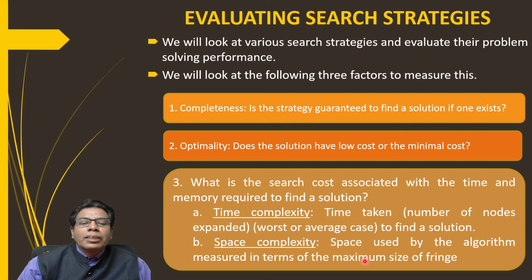So space used by the algorithm, so this will be measured in terms of the maximum size of the fringe, because every time we are putting the current node into the fringe for expansion, so the space required for the search algorithm will depend on that. So these are some of the evaluating criteria for the search strategies.